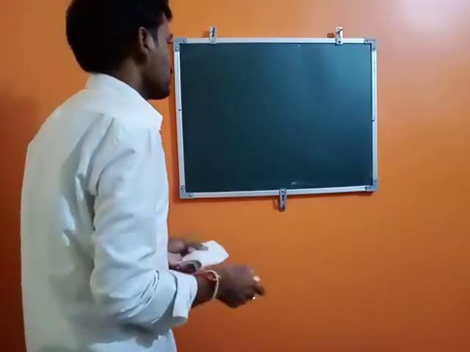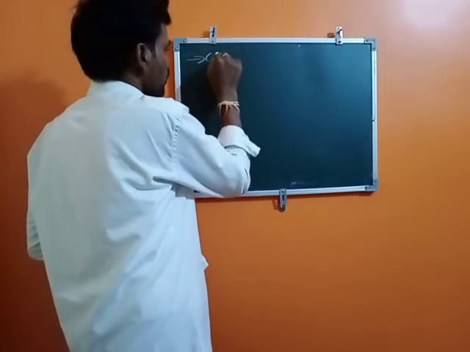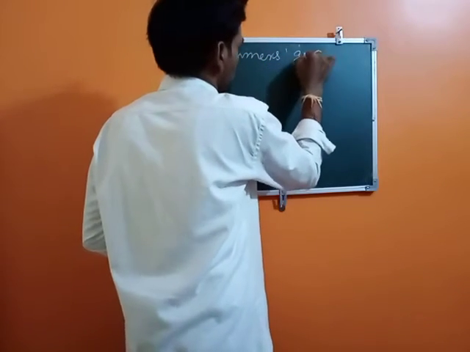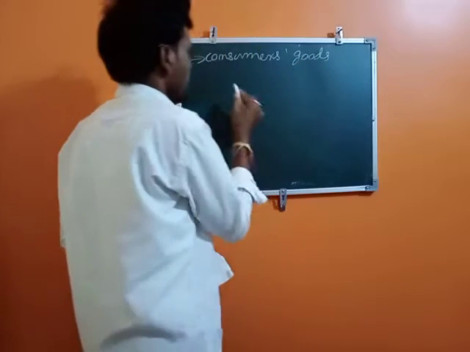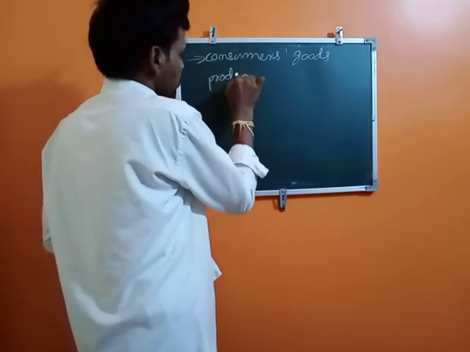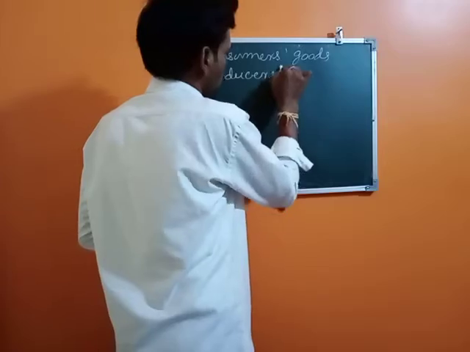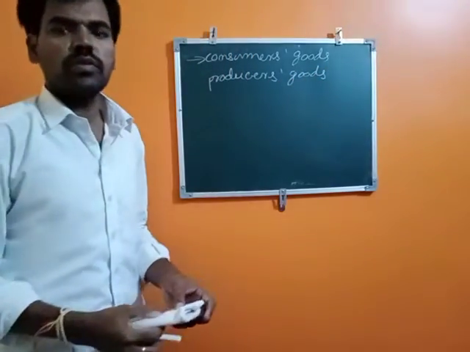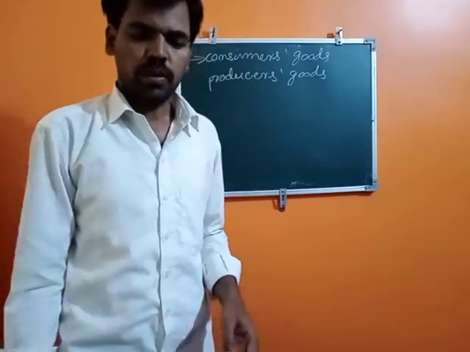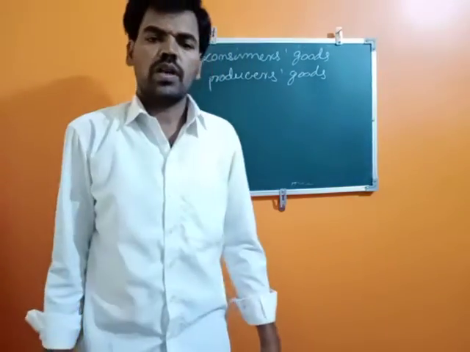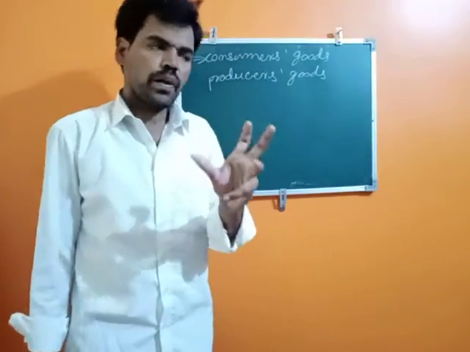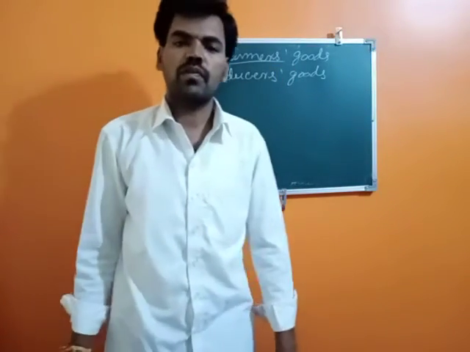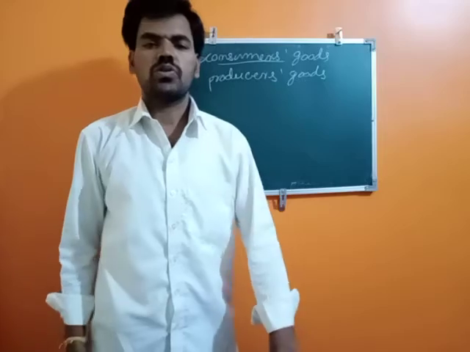The next one is consumer goods demand and producers goods demand. As the name indicates, consumer goods demand is demand for consumer goods.